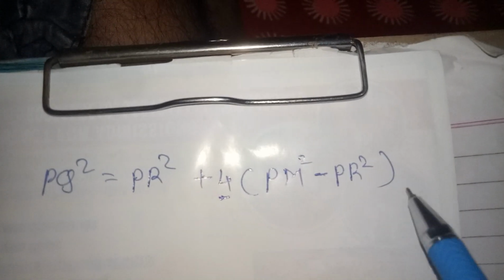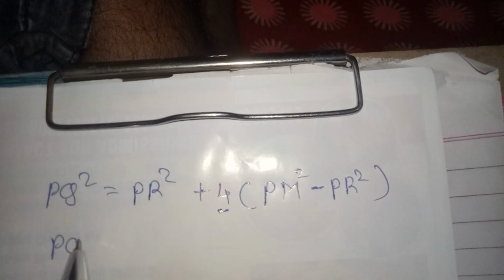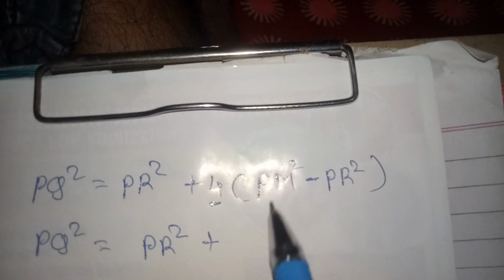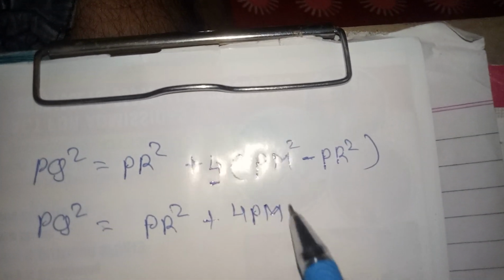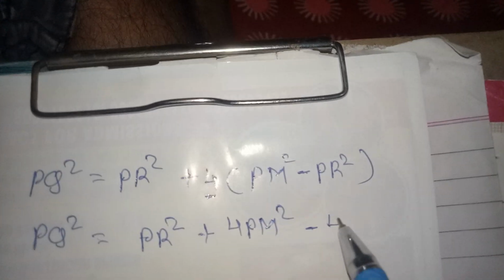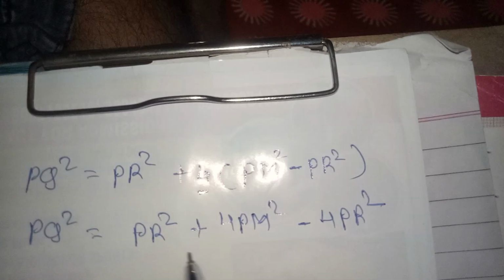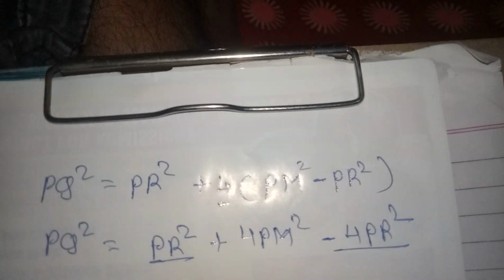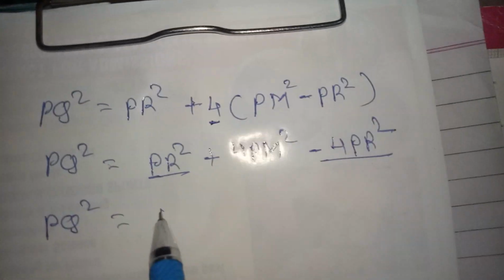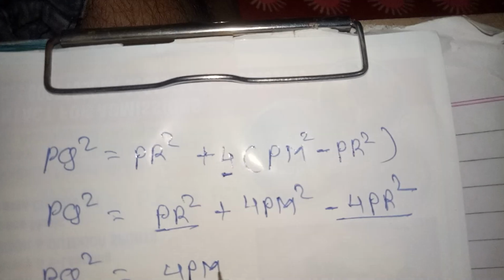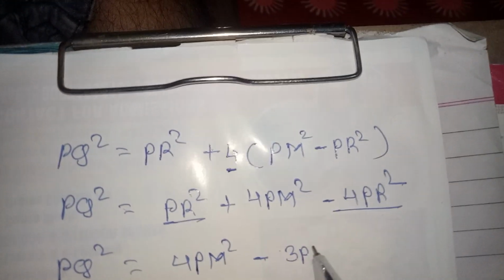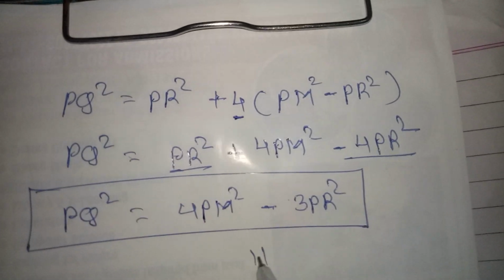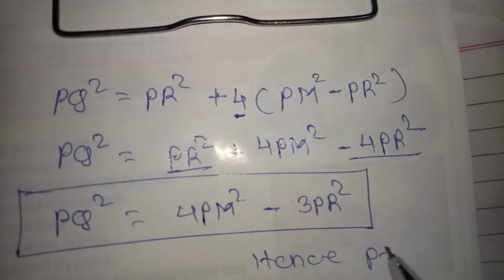If we multiply the bracket by 4, then PQ square is equal to PR square plus 4 PM square minus 4 PR square. So see, this plus PR square and this minus 4 PR square give subtraction. Then PQ square is equal to 4 times PM square minus 3 times PR square, and hence proved.